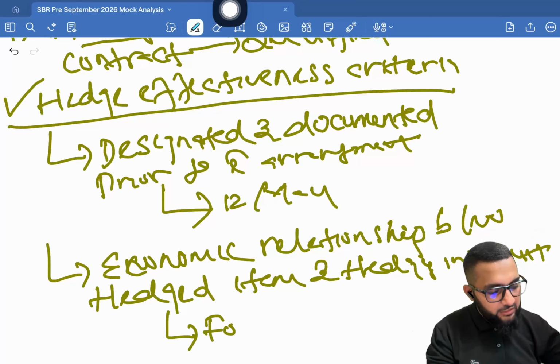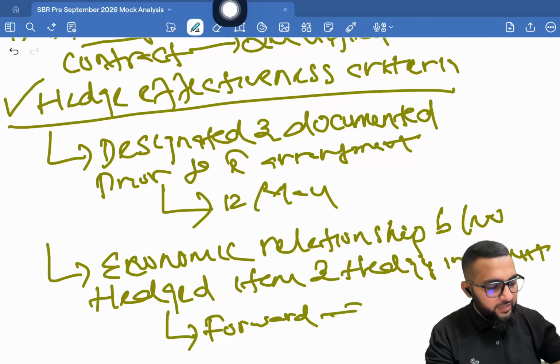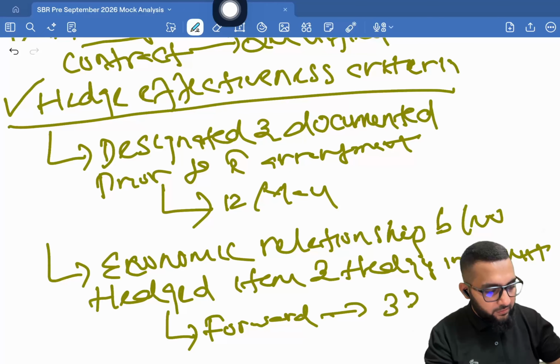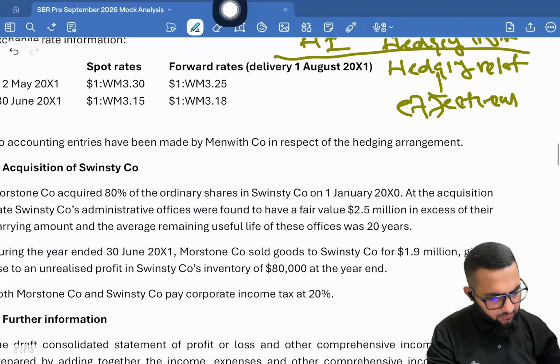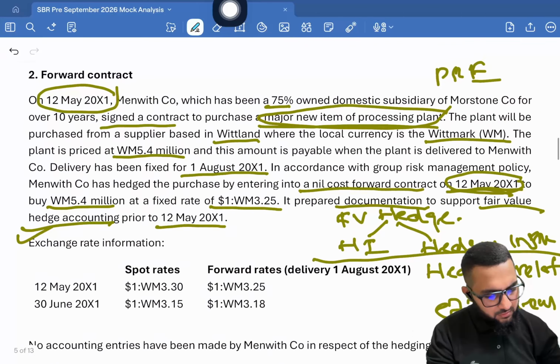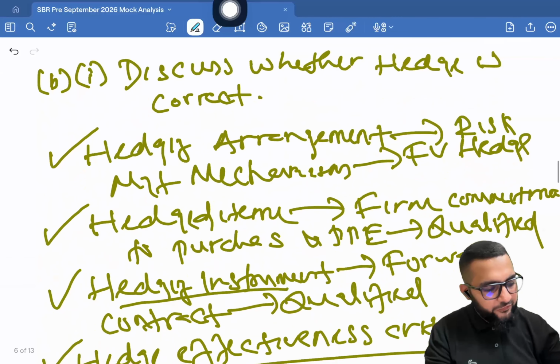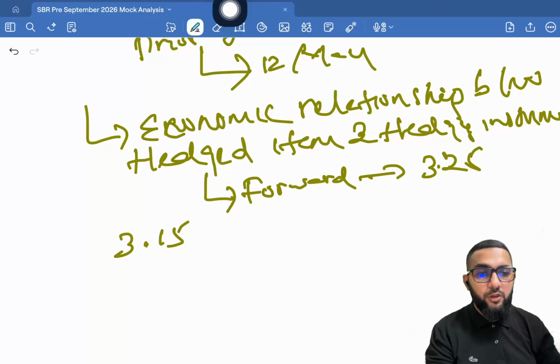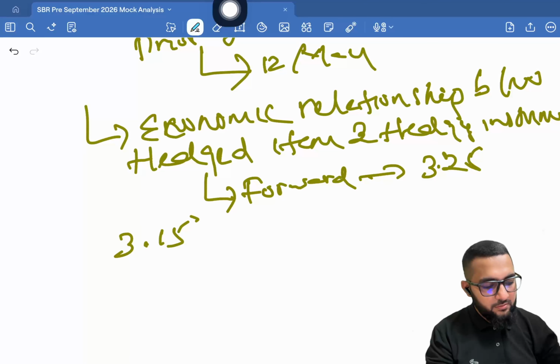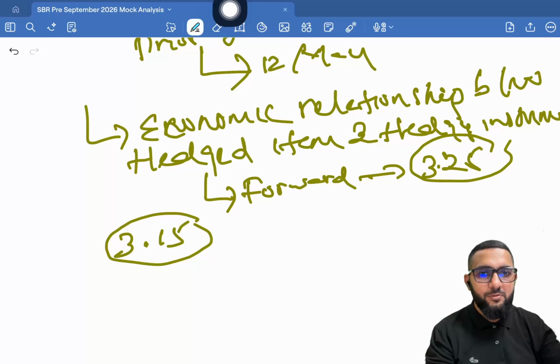Now forward is fixed, right? Fixed at 3.25, yeah, it's fixed, 3.25. So if the hedged item 3.15 becomes 3.15, right? Favorable change, but still this 3.25 is unfavorable, right?